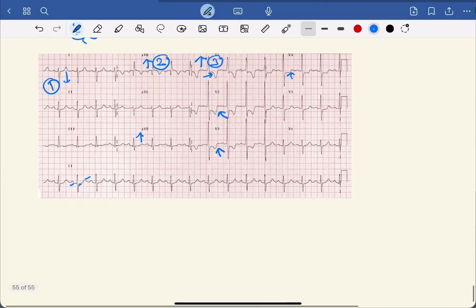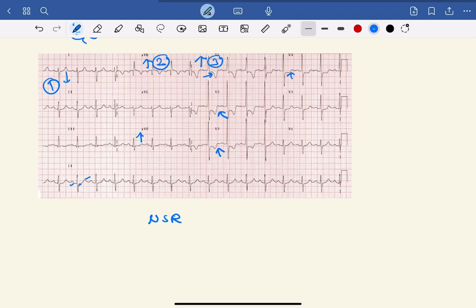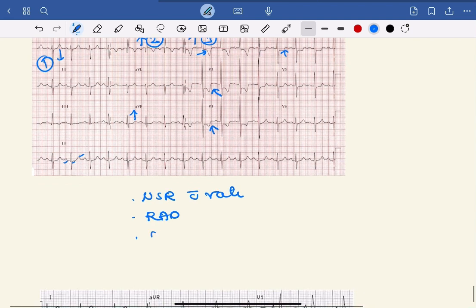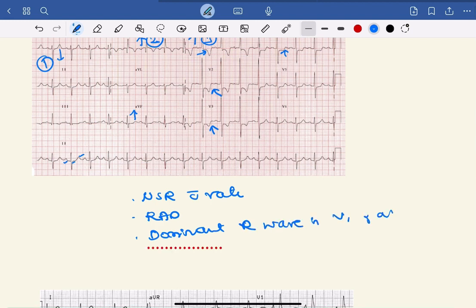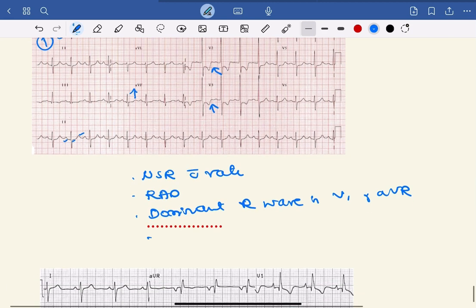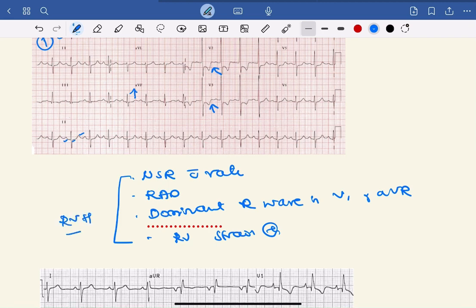See, this is normal sinus rhythm with normal rate with right axis deviation. There is dominant R wave in lead V1 and aVR, and there is RV strain pattern. So these are all suggestive of right ventricular hypertrophy.